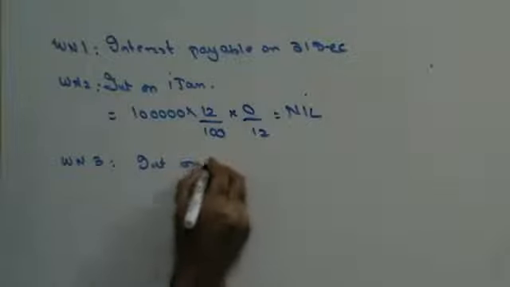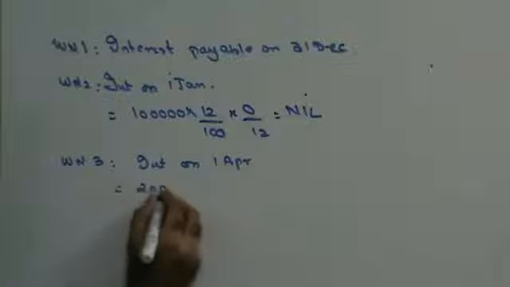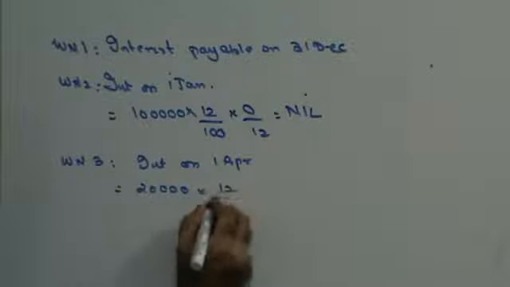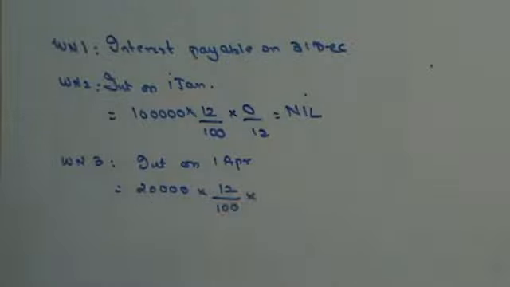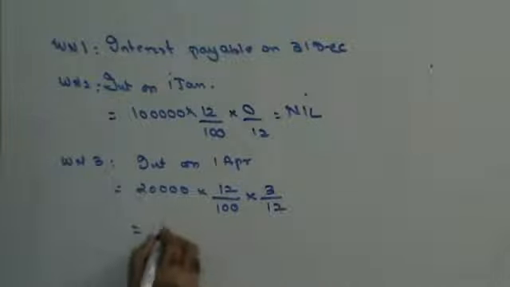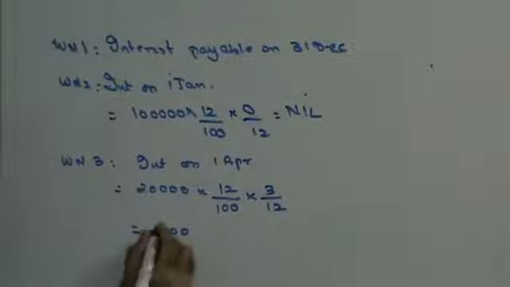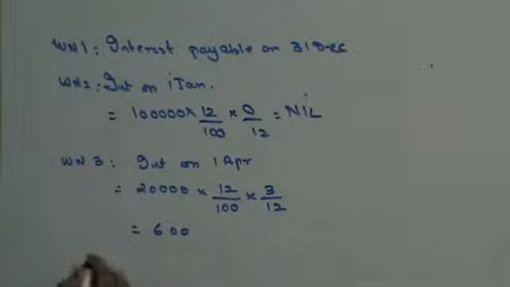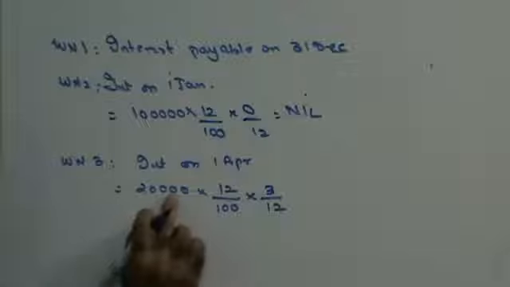Interest on 1st April. You have purchased 20,000 worth debentures. The rate of interest is 12%. Now, between 1st Jan and 1st April, 3 months. So 3 by 12. So this will be 200 rupees. No, 600 rupees. Right?